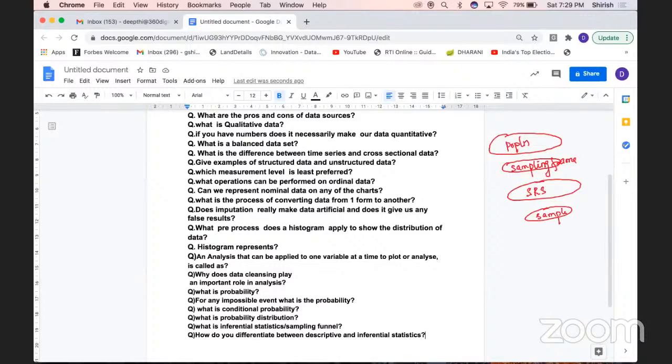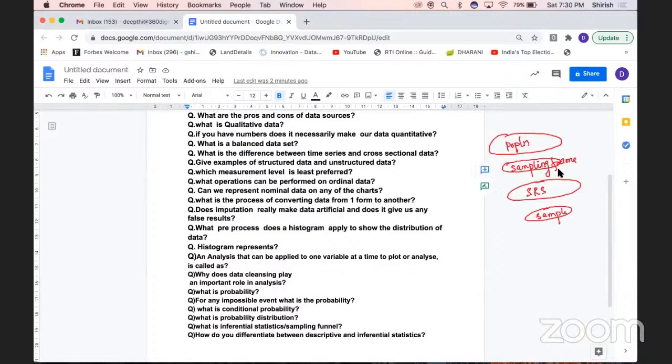We are making inferences based on the data, but you are generalizing it to the population. This entire process is picking a sample to get some inferences. But descriptive statistics is describing, summarizing the data you have.